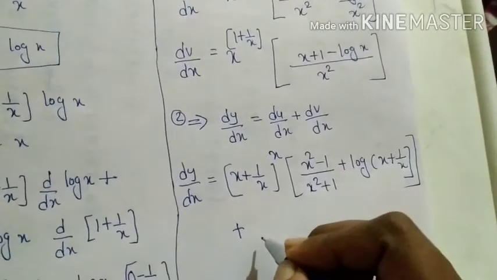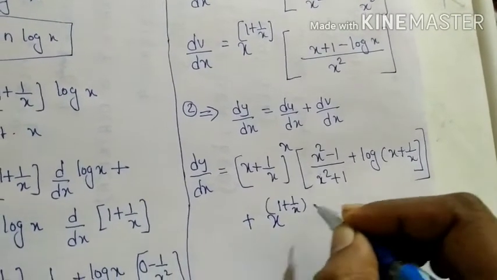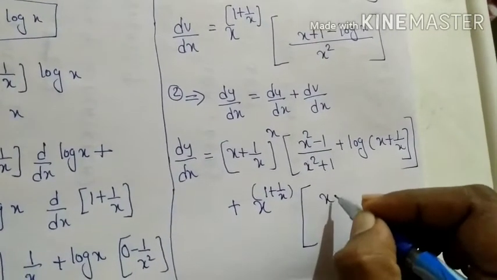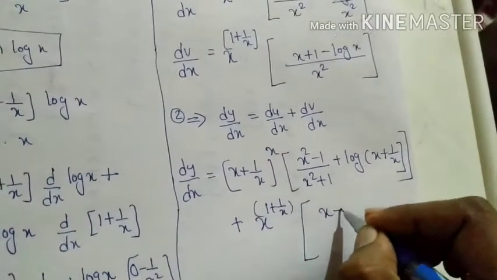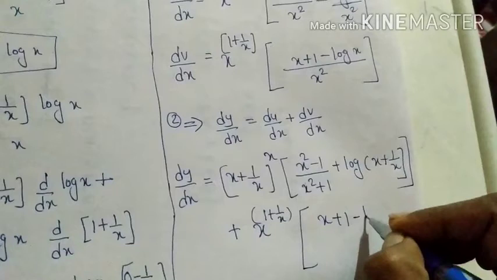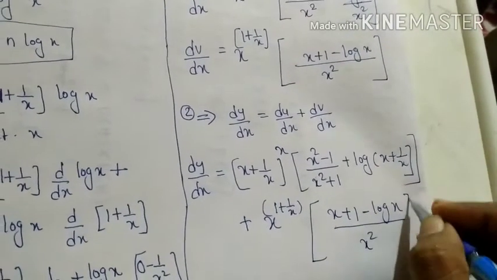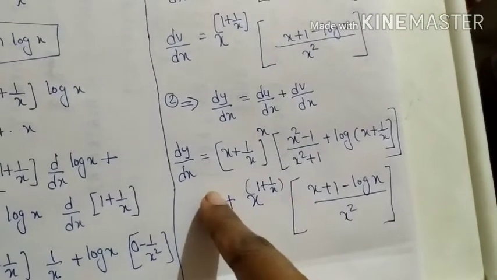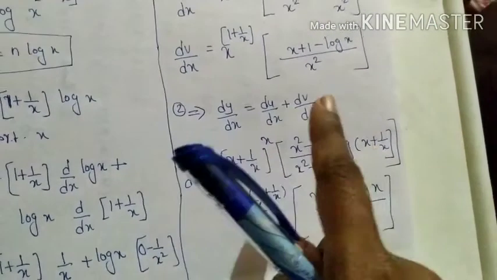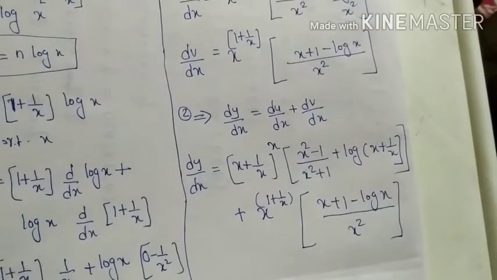Substituting here, we get x raised to 1 plus 1 by x whole raised to x raised to 1 plus 1 by x into x plus 1 minus log x whole divided by x square. So this will be our final answer, dy by dx equal to the sum of the derivatives of u and v.